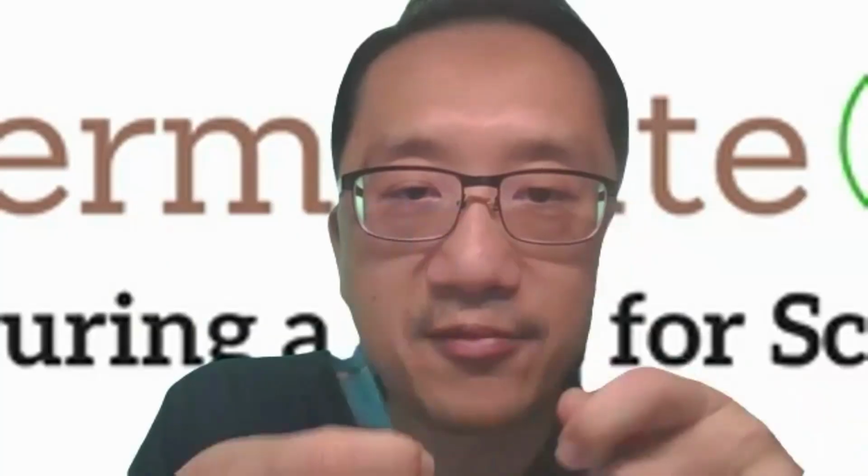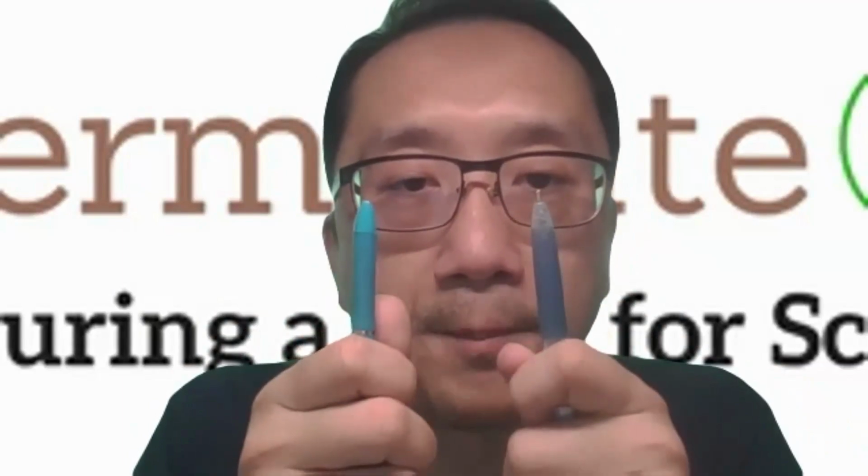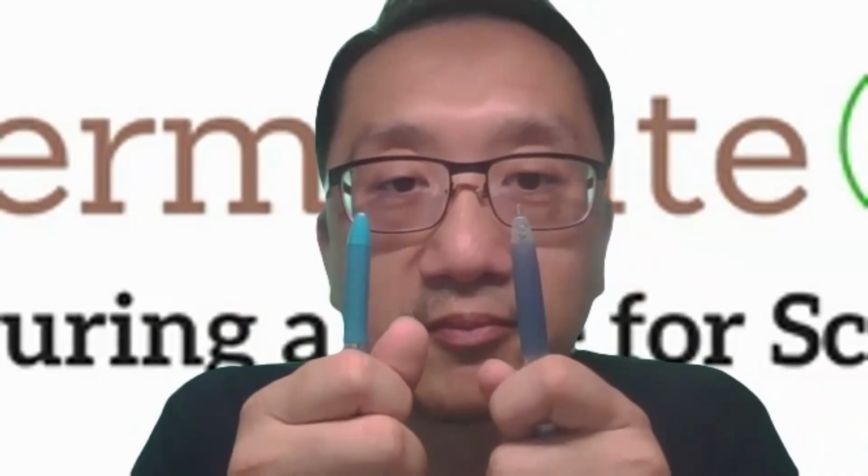Now, if we talk about comparing, for example, I have one green pen here and one blue pen here. So my right hand is holding my green pen and my left hand is holding my blue pen. If I want to compare this, I would say that my right hand has the green pen, but my left hand does not. So it seems okay, right?